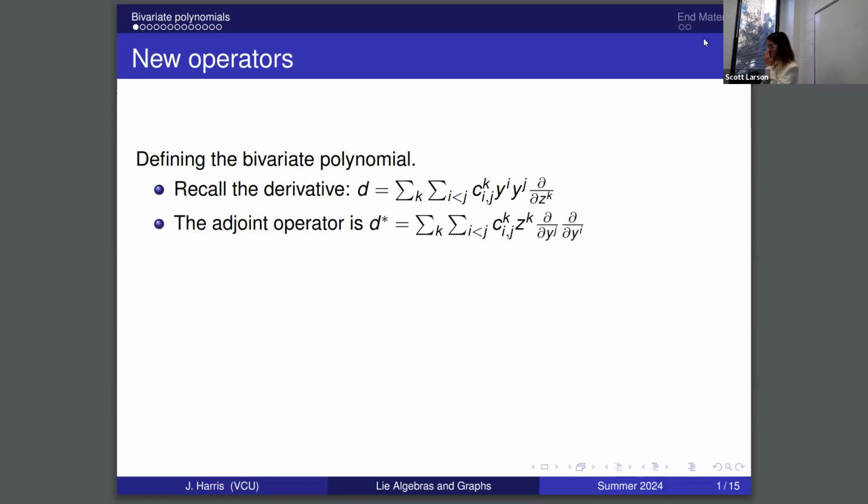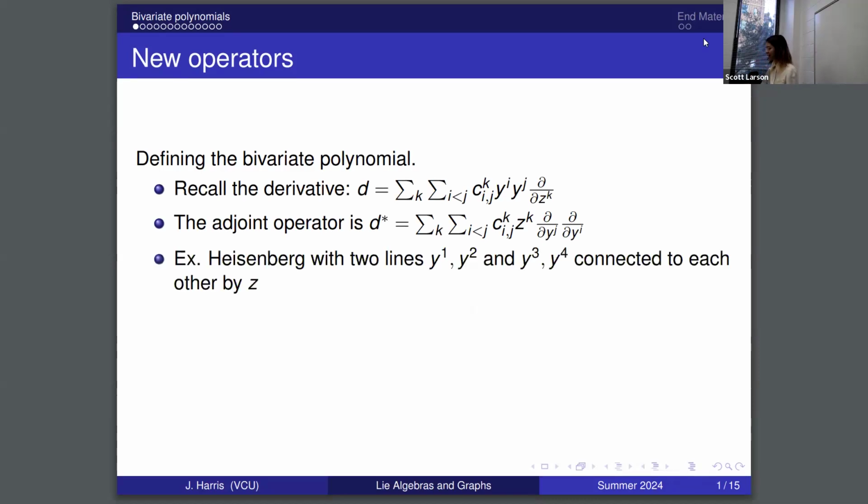So if we recall the derivative or the differential that was defined earlier, we're going to define a new operator, the adjoint operator, which we thought of as the antiderivative the entire time, where instead of putting in z's and getting the y's that bracket to it, now you put in two y's and it gets you the z's that it brackets to.